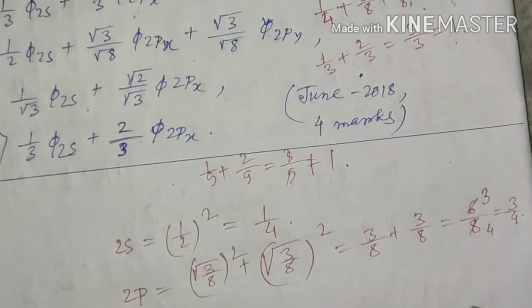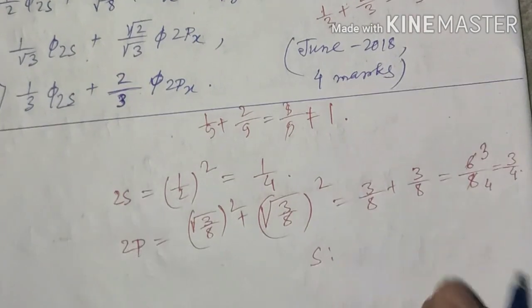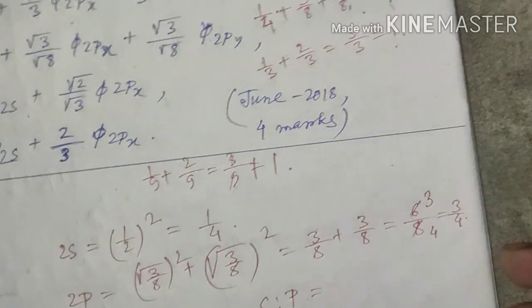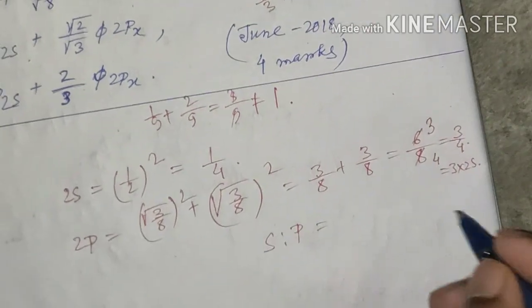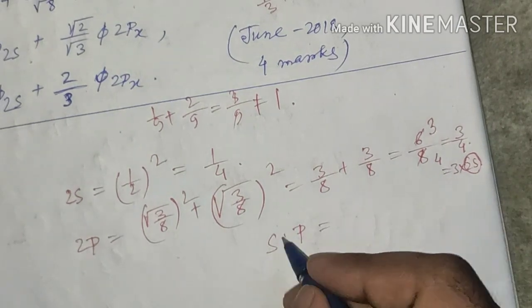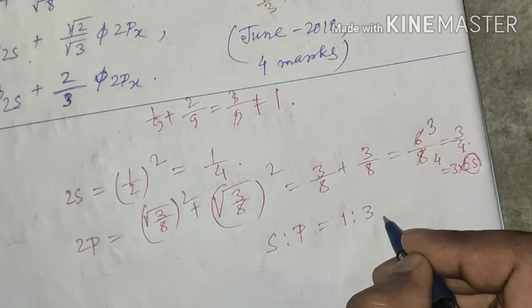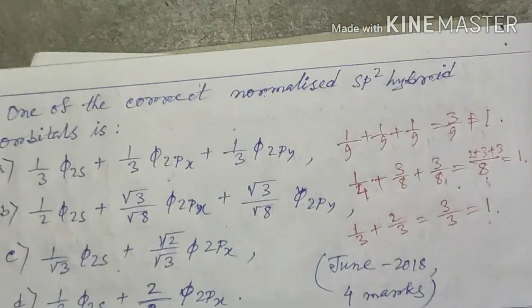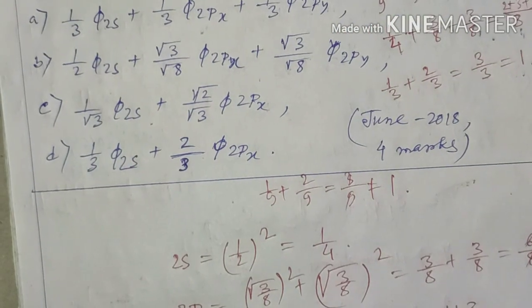That means the p character is 3 times the s character, where s means the 2s atomic orbital. So the ratio of S and P character is 1:3, but for an sp2 hybridized orbital it should be 1:2. So it is not the sp2 orbital.